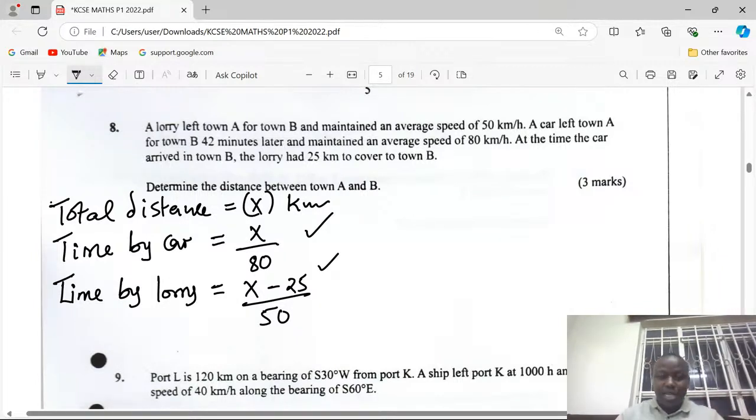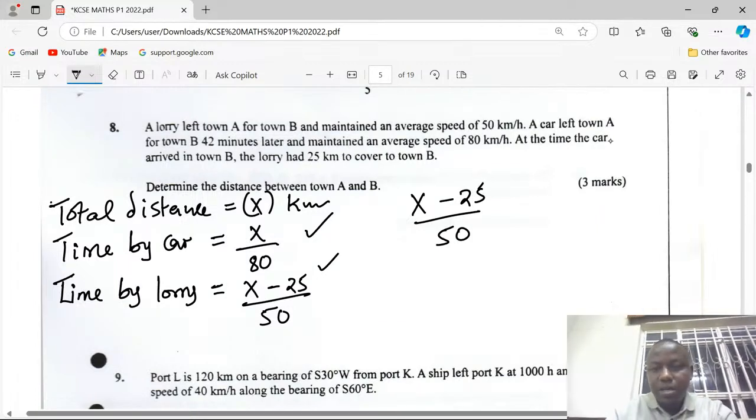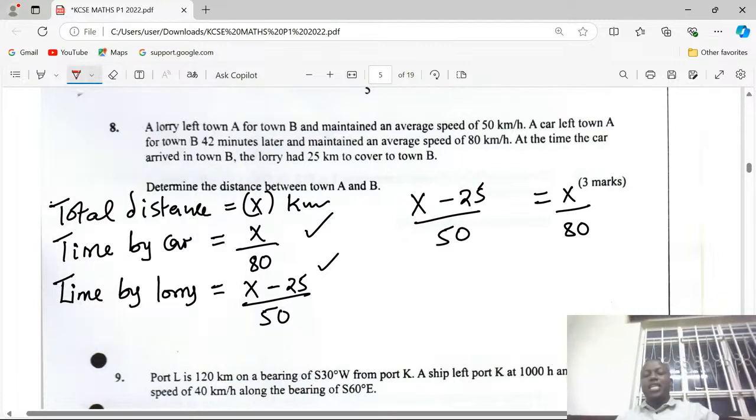So we're going to say that when we take the time taken by the lorry, x minus 25 out of 50 equals x out of 80. Let me change my ink now. I want people to understand me.